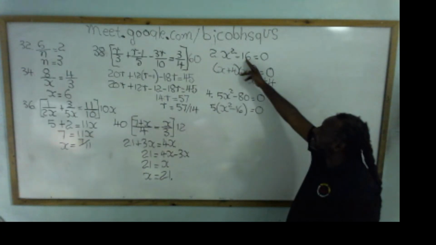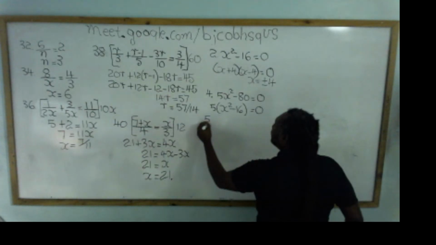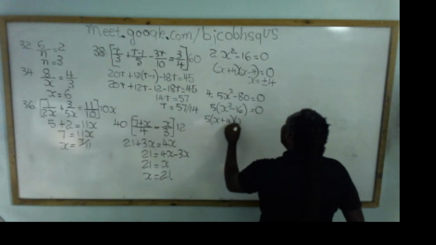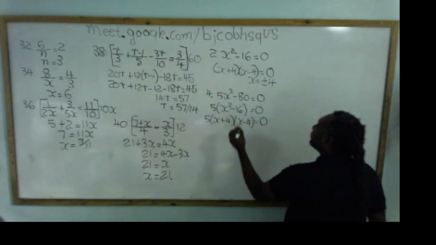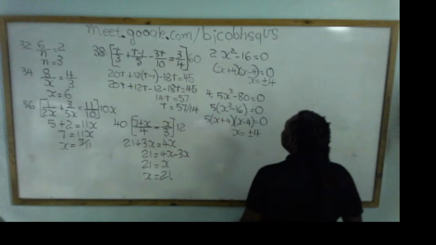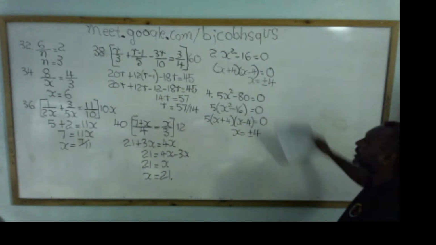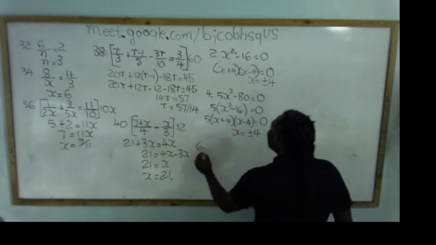So the 5 will remain, then we have x plus 4, x minus 4 is equal to 0. And then of course, x is equal to plus or minus 4. And maybe you want to take another approach, which is to divide the entire equation by 5, like we did in the classwork.